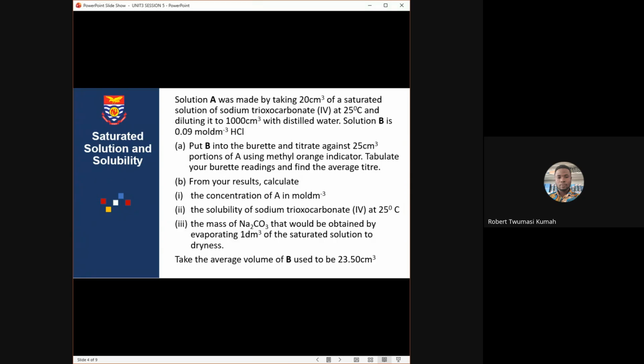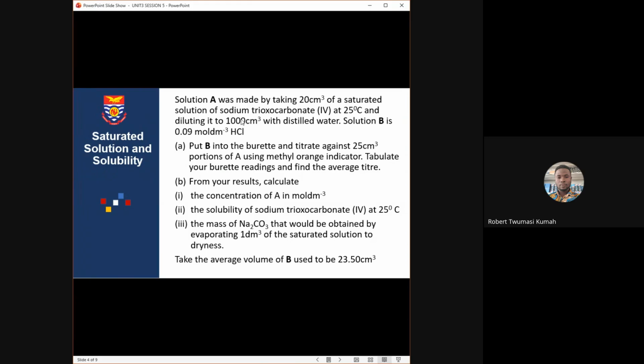Somebody decided to prepare a saturated solution at a particular temperature. Think the temperature is 25 degrees Celsius. So at 25 degrees Celsius, there was a saturated solution. Then the person fetched 20 cubic centimeters out of it, and prepared a new solution out of this 20 by diluting it to 1,000 cubic centimeters.